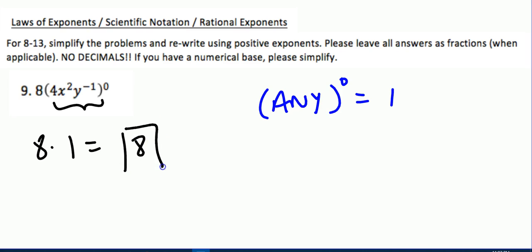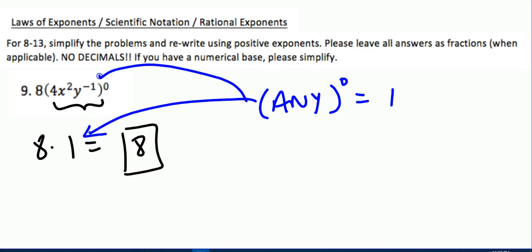This is just 8. And mathematically, that's not entirely true, but for this class, we're not going to try to trick you with this. For your purpose, anything to the 0 power is 1.